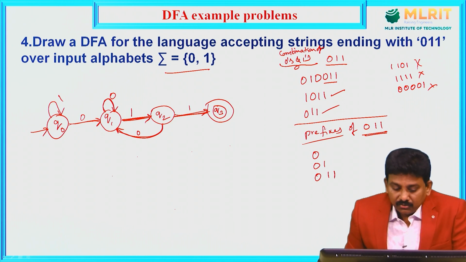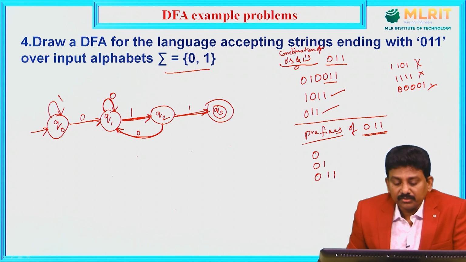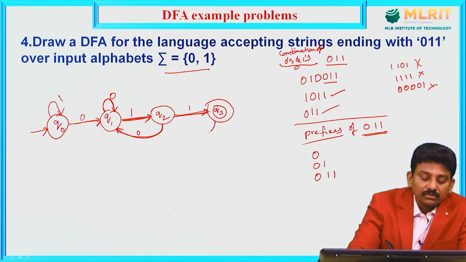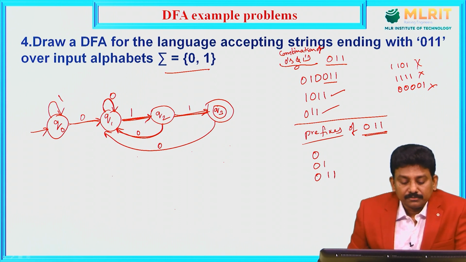In the final state Q3, if you read 0, 0 is a prefix of 0 1 1, but the previous symbol is 1 and the current symbol is 0, that is 1 0, which is not a prefix of 0 1 1. So for 0, I can go to Q1, because Q1 is meant for prefix 0.